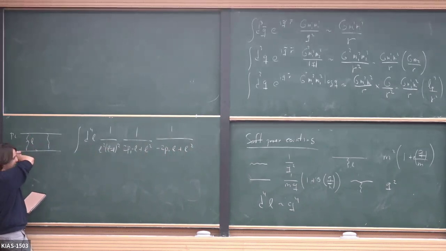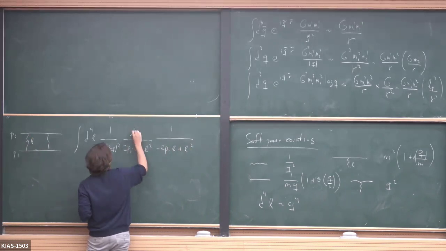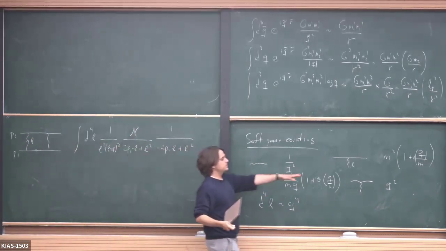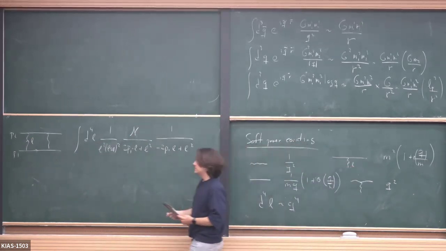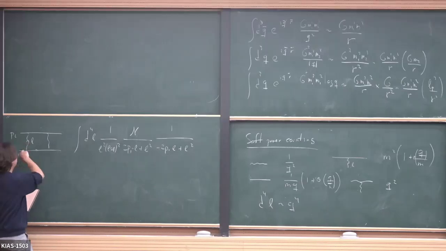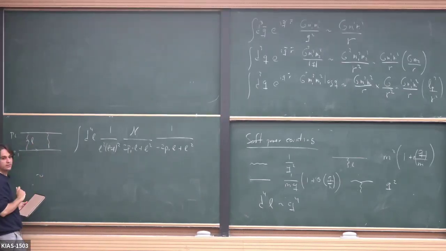We already said that this might have a numerator, but at the leading order, let me just write n for now. At the leading order, I can just put the mass of each particle. So this is going to go like what? We're going to have m to the fourth for each particle, coming from each one of these 4 vertices.